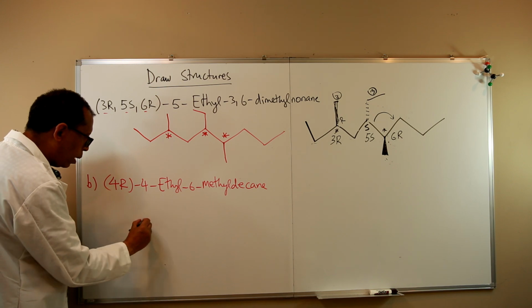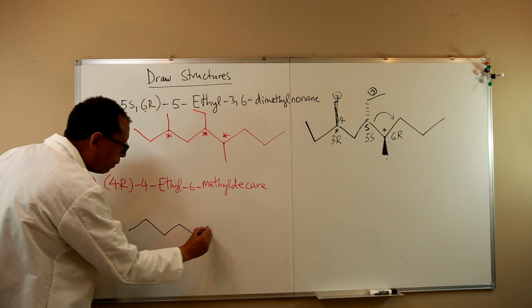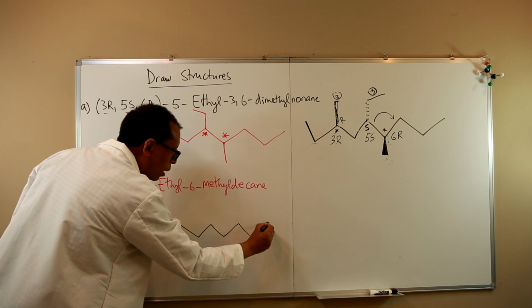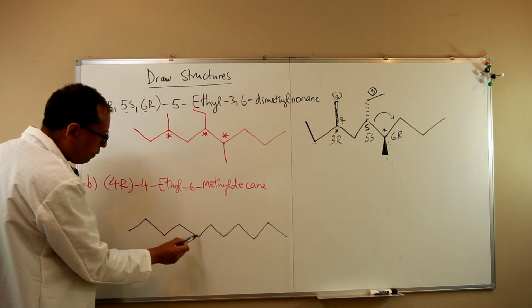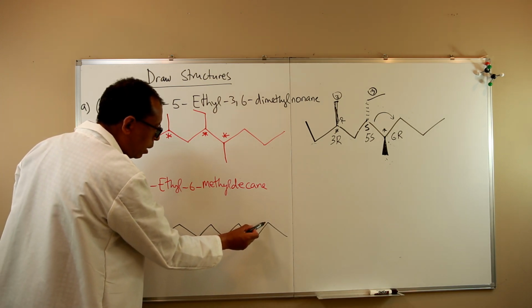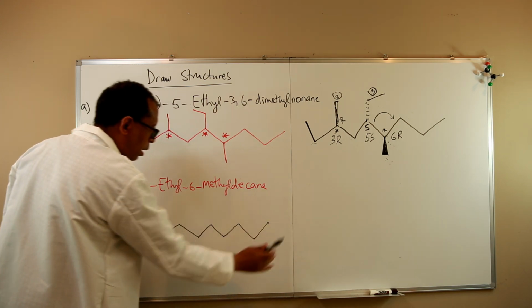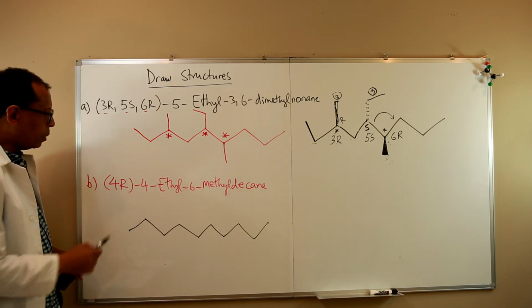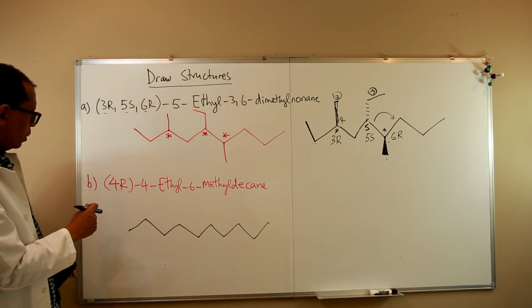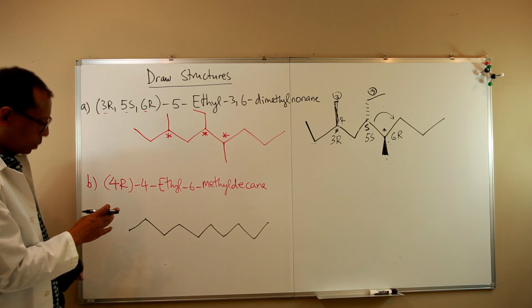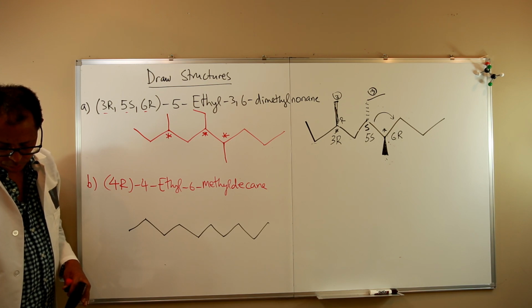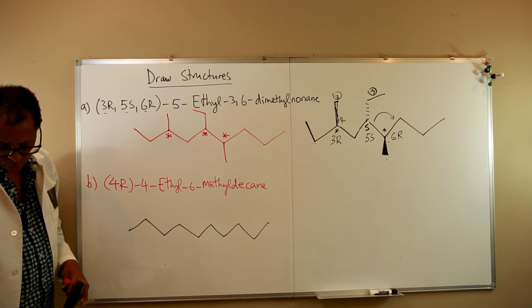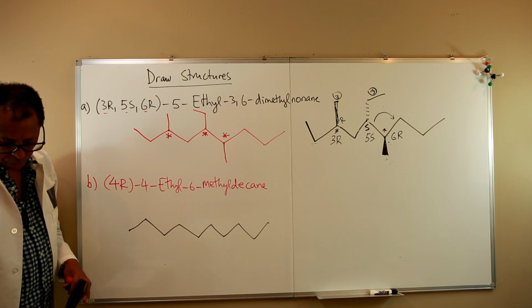So let me start: 1, 2, 3, 4, 5, 6, 7, 8, 9, 10. Let me check again. 1, 2, 3, 4, 5, 6, 7, 8, 9, 10. I think that's 10. So it tells me that there are two substituents. It should be two stereogenic centers.